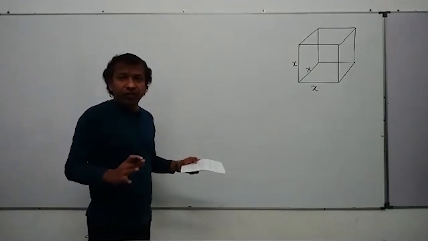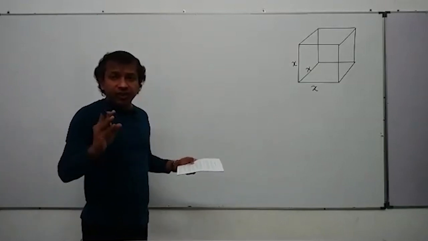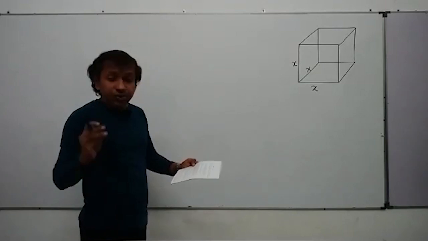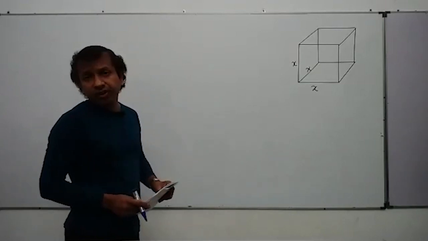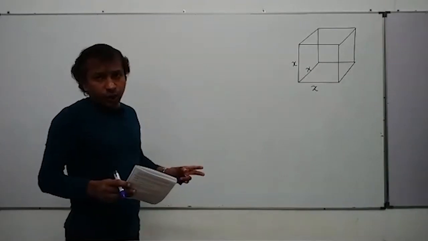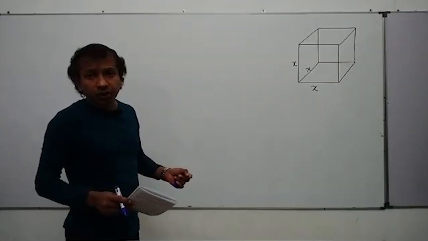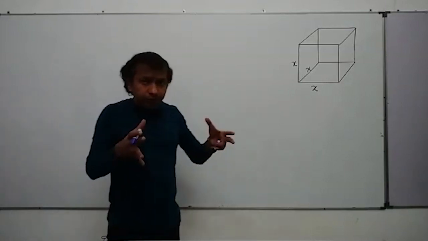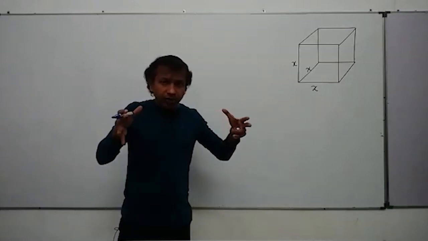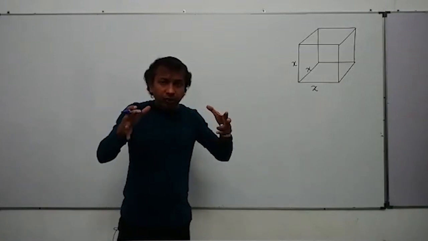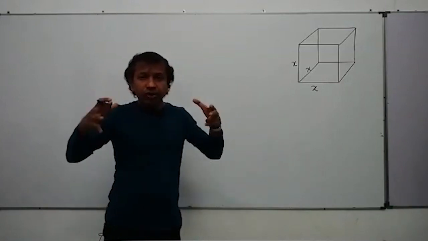Now we are asked to find the rate of increase in surface area when the volume of this expanding cube reaches 8 cubic centimeters. While this volume is increasing, the surface area is also increasing.